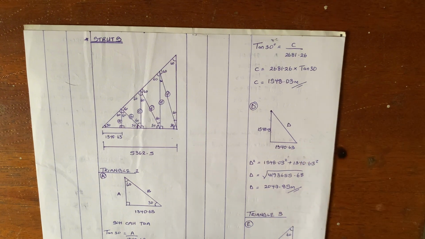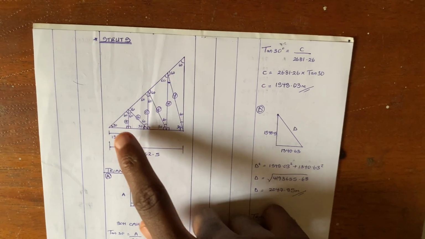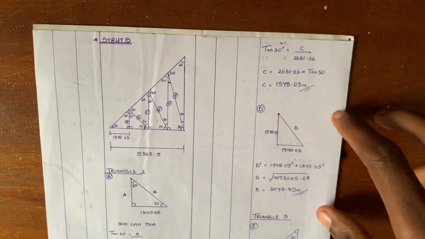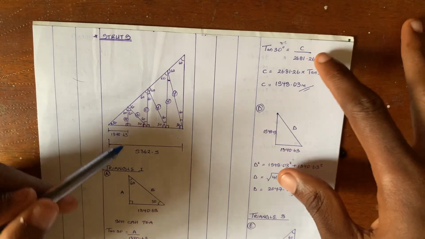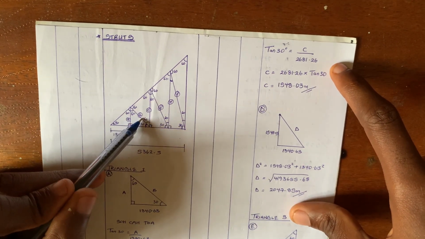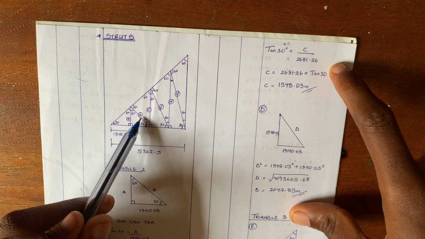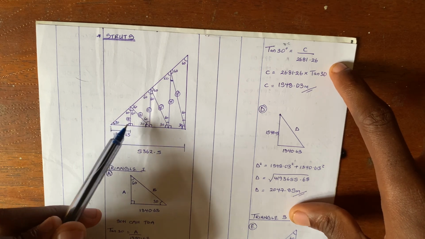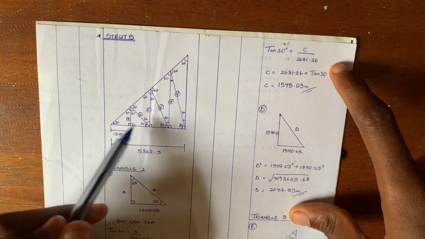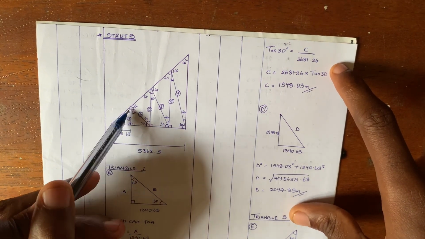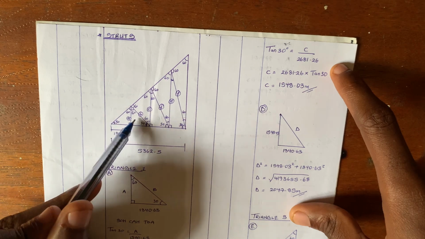We're going to be bringing out important triangles and finding A, B, C, D, E, and F. So now I am looking for A and B. To find A and B, we are going to be bringing out a triangle that has both A and B, which is this triangle here. So I will bring this triangle out.